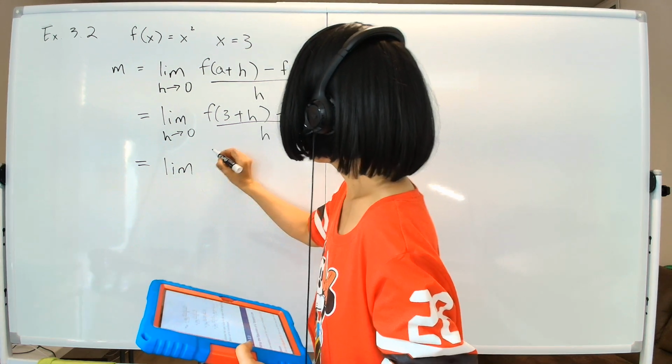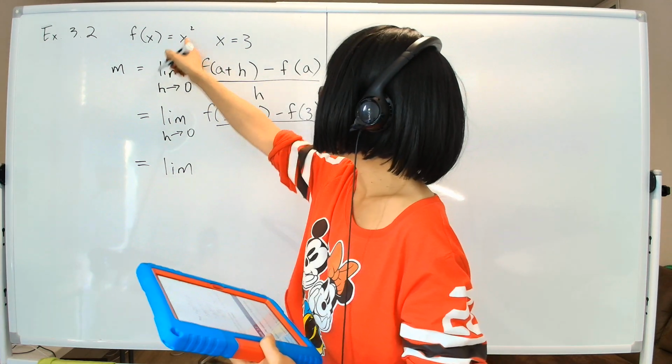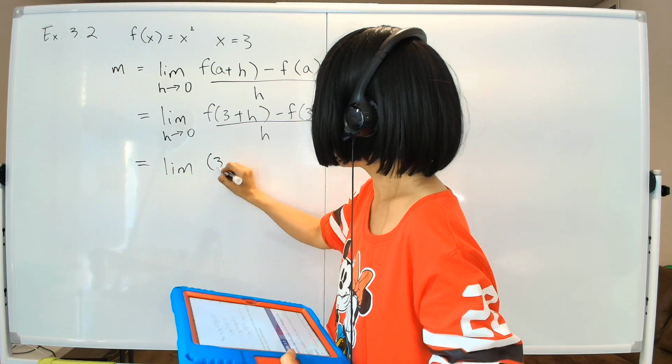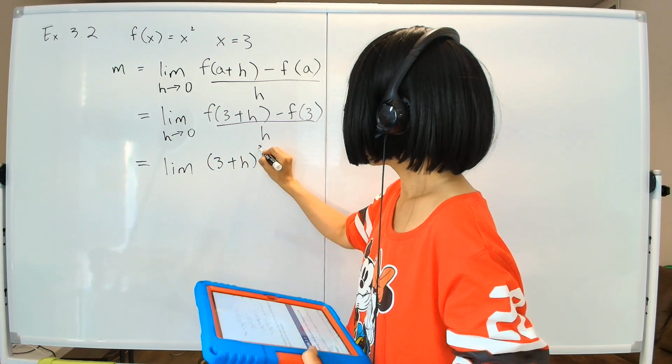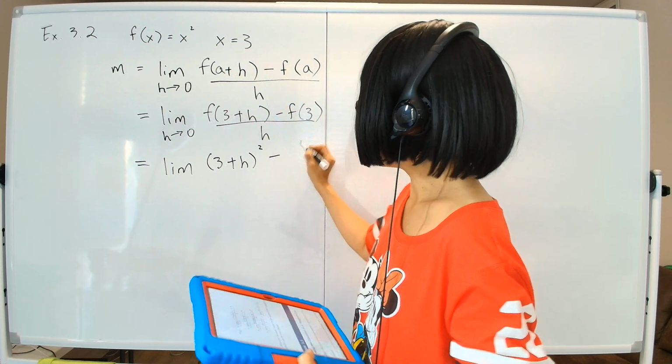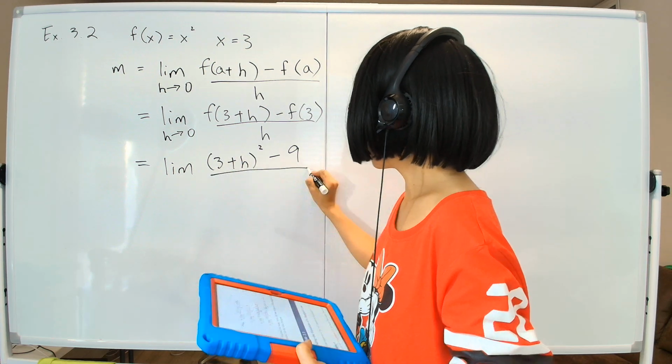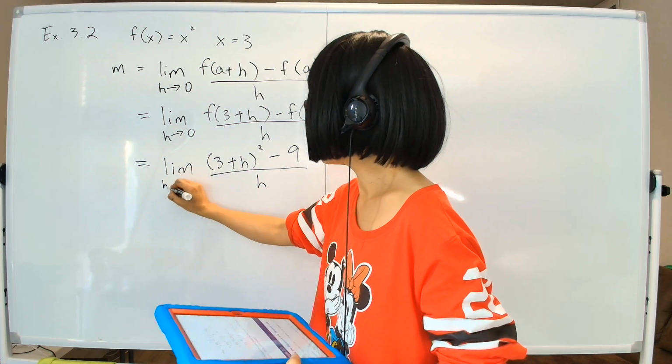That's the limit. f is x squared, so we have 3 plus h squared minus f of 3, which is 9, divided by h as h goes to 0.